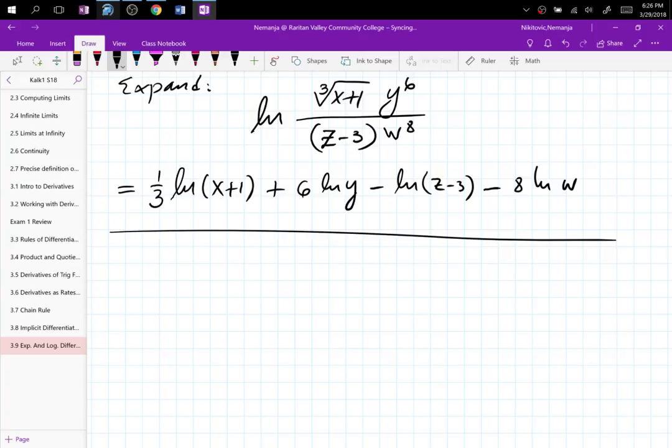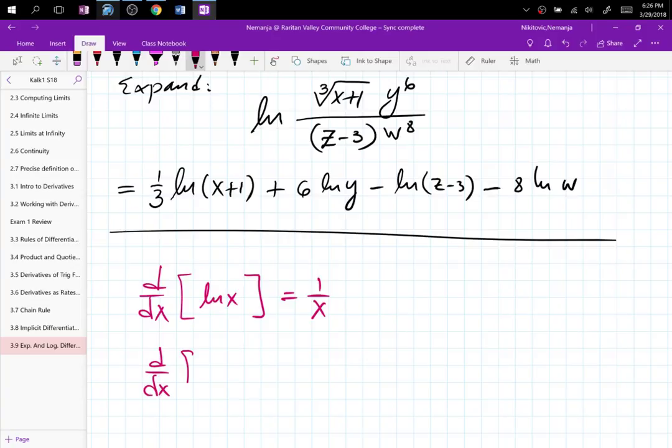So, basic definitions. The derivative of ln of x is 1 over x. Now we make it spicier.